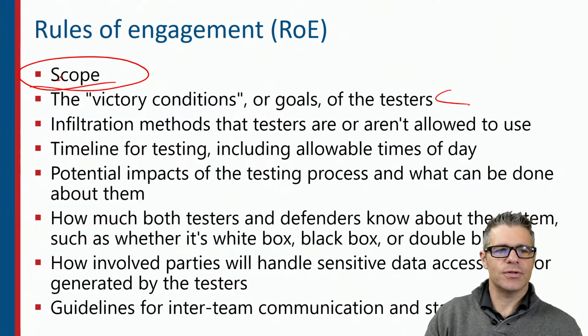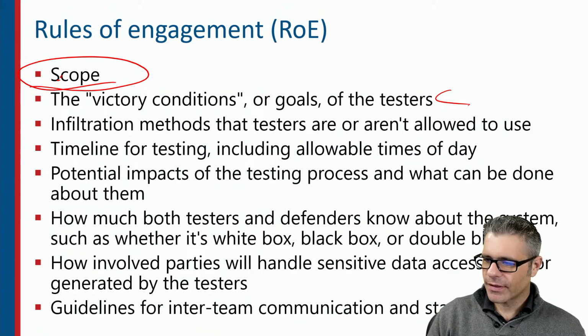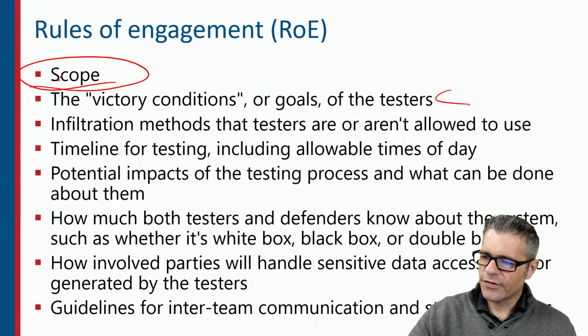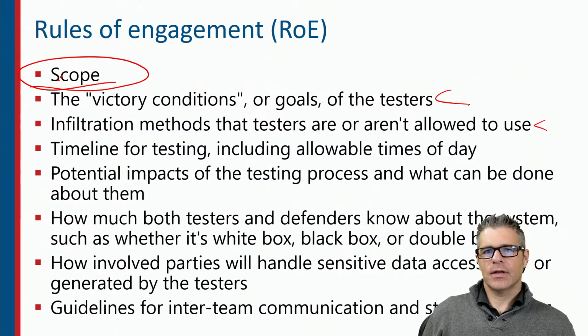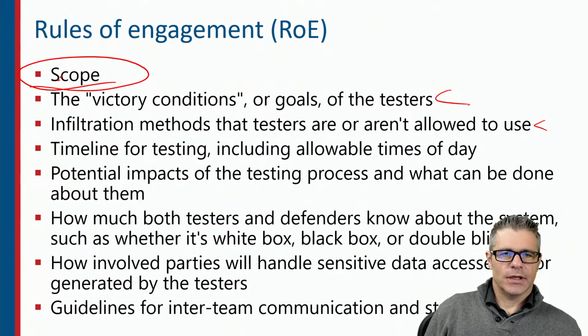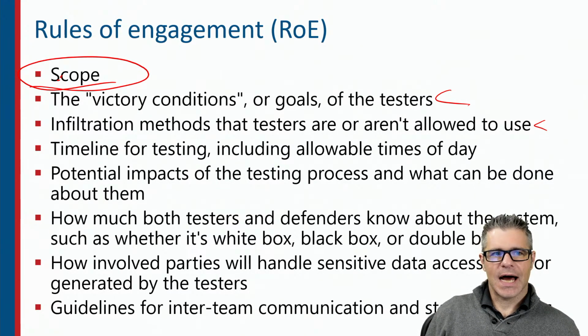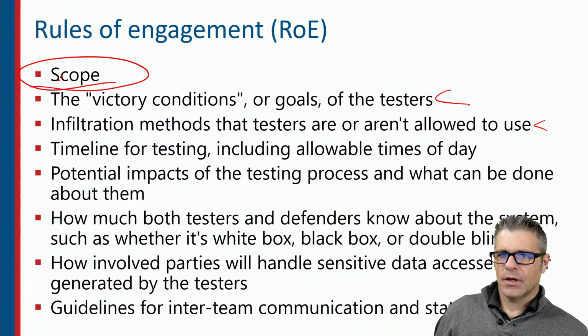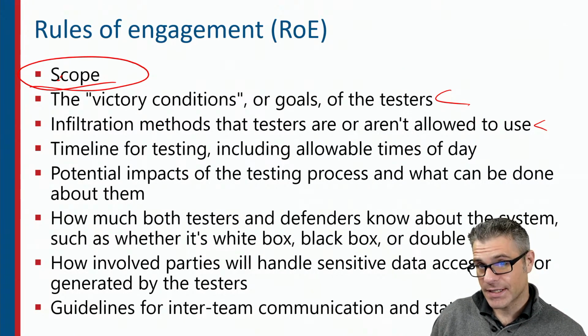Is it good enough to get into a single system on the network? Are you going to give us that toehold to begin with? What's allowed and what's not allowed? Am I allowed to use buffer overflows that might knock down servers and keep the business out of business for a while? Am I allowed to be noisy in my scanning?